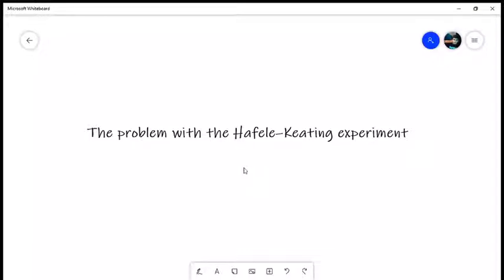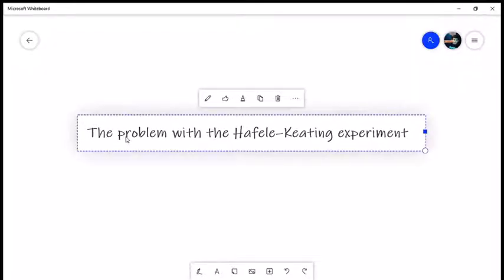So I'll be looking at this experiment. I'll be telling you not the problem, but the reason why this experiment doesn't prove Einstein's special relativity. Okay.